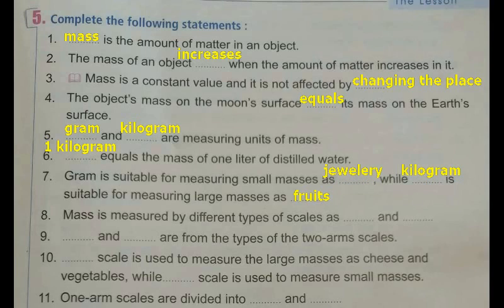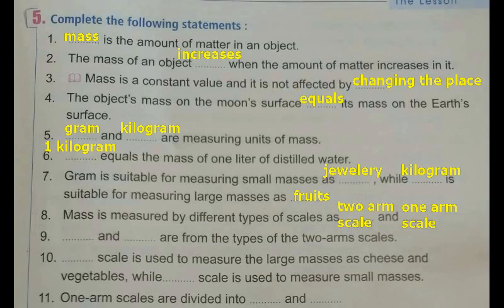Number 8. Mass is measured by different types of scales such as 2 arm scales and 1 arm scale. Number 9. Blank and blank are from the types of 2 arms scale.